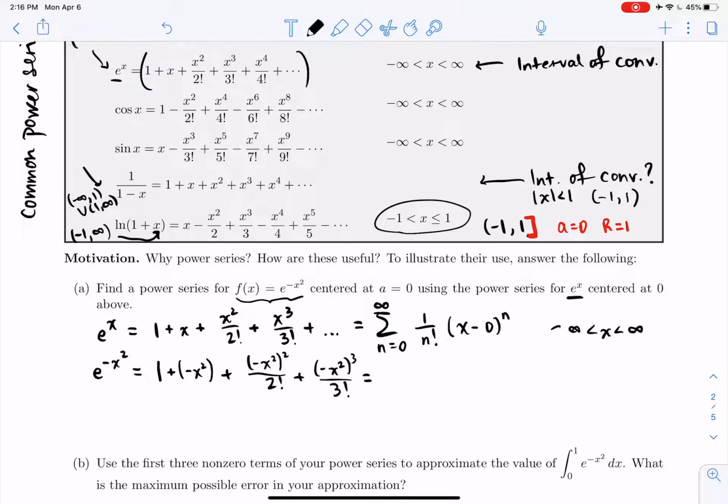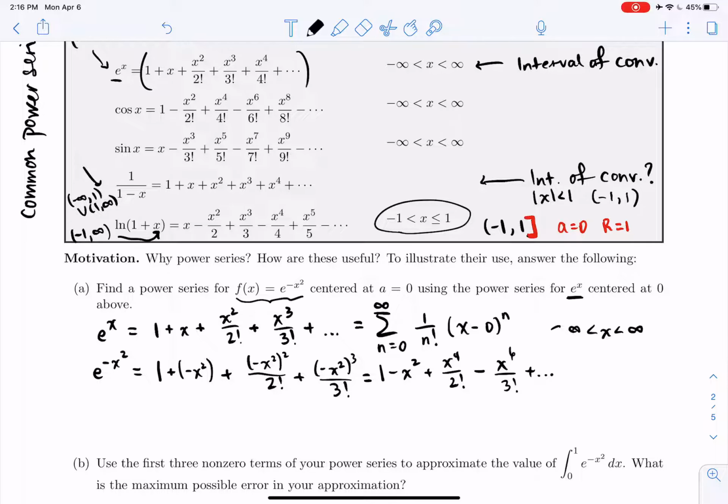And let's just simplify some of these terms so we see what's happening. This is 1 minus x squared plus x to the 4th over 2 factorial minus x to the 6th over 3 factorial, and so on.